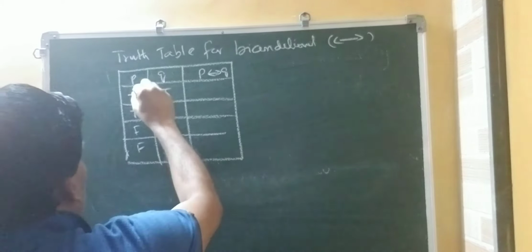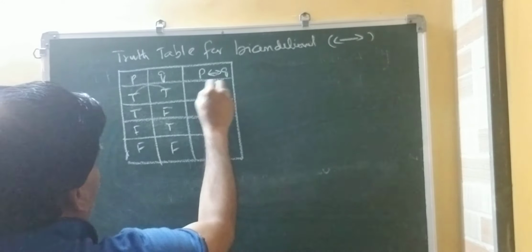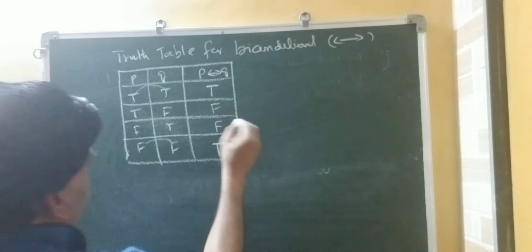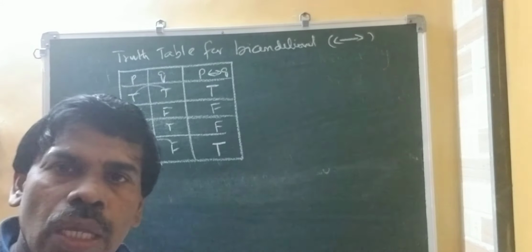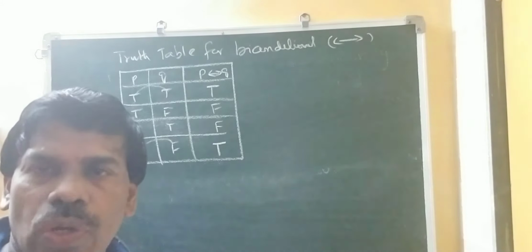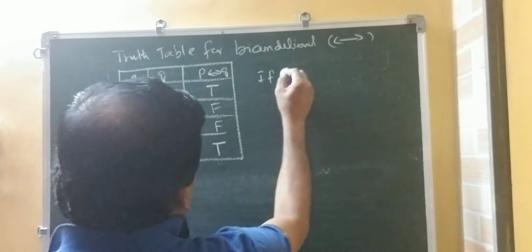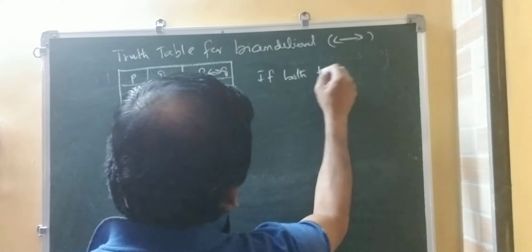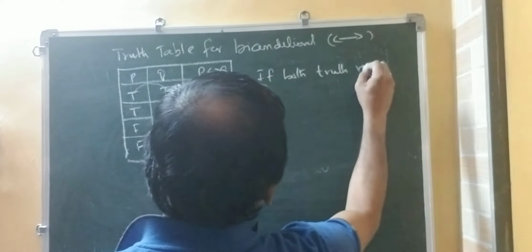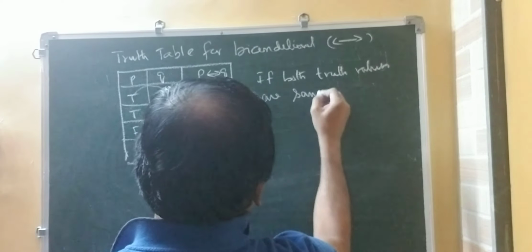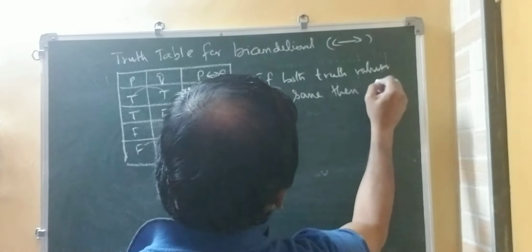Means if both are the same: true, true gives true, false, false gives true, remaining are false. If both truth values are the same, then true.